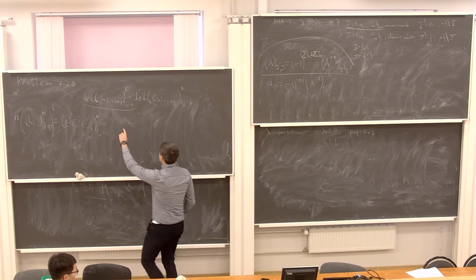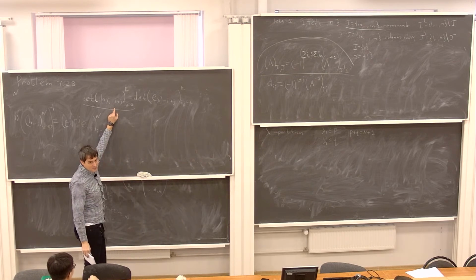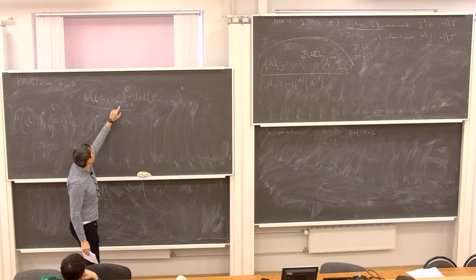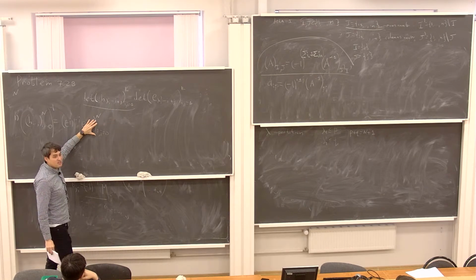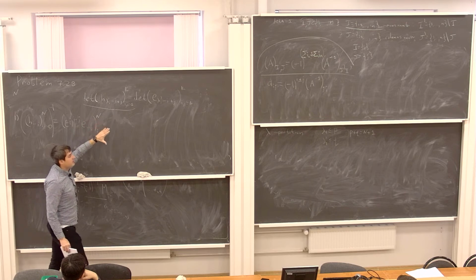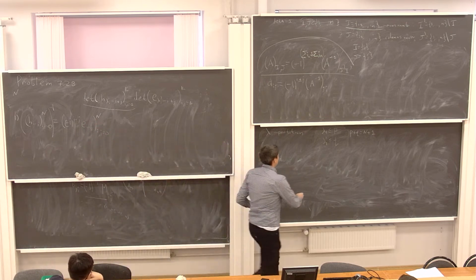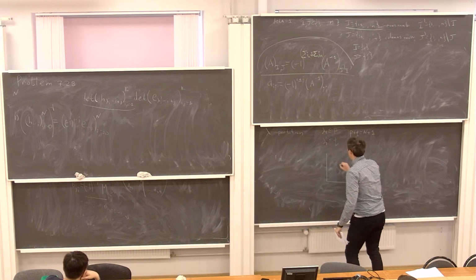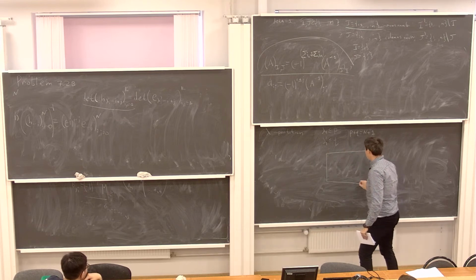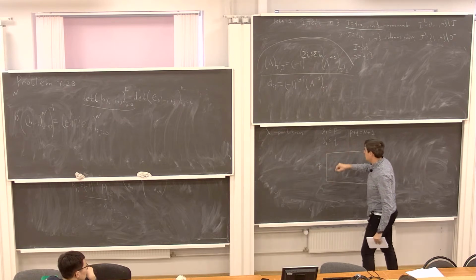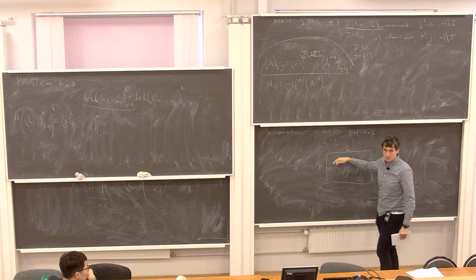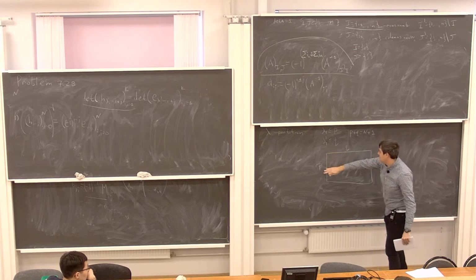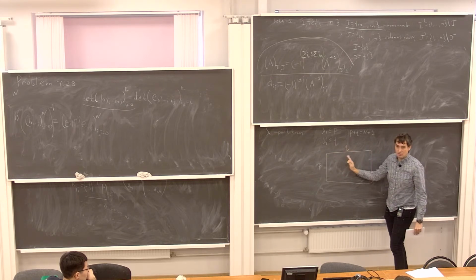Now, how to get this? Is it clear now that this is a minor of the matrix? We have an n plus 1 times n plus 1 matrix, but we consider some rectangle. P is the number of rows, Q is the number of columns.